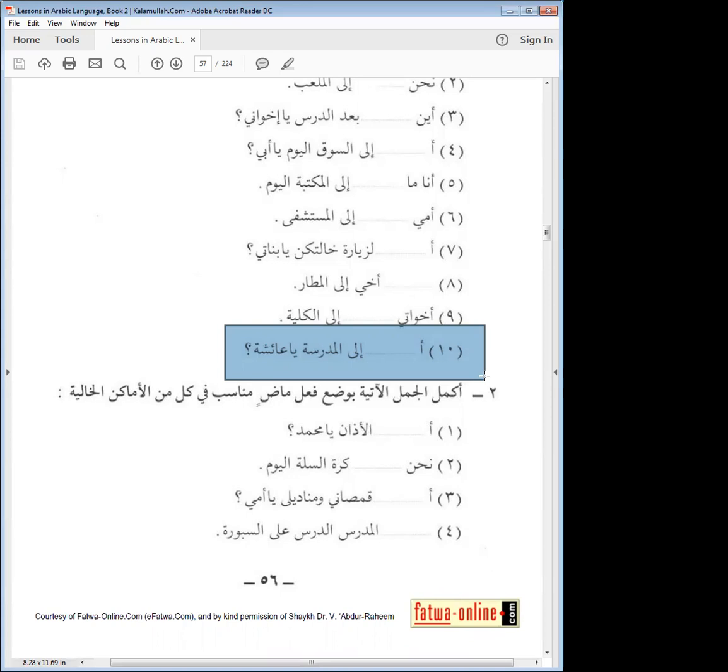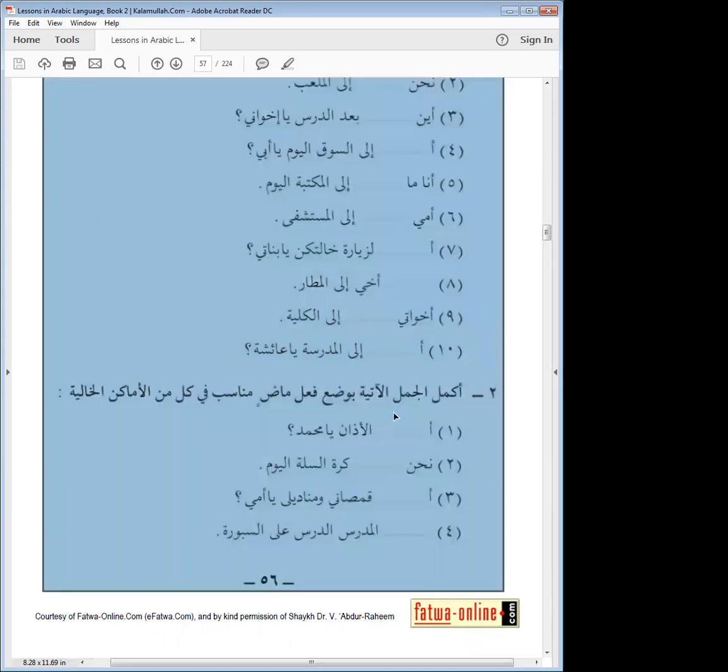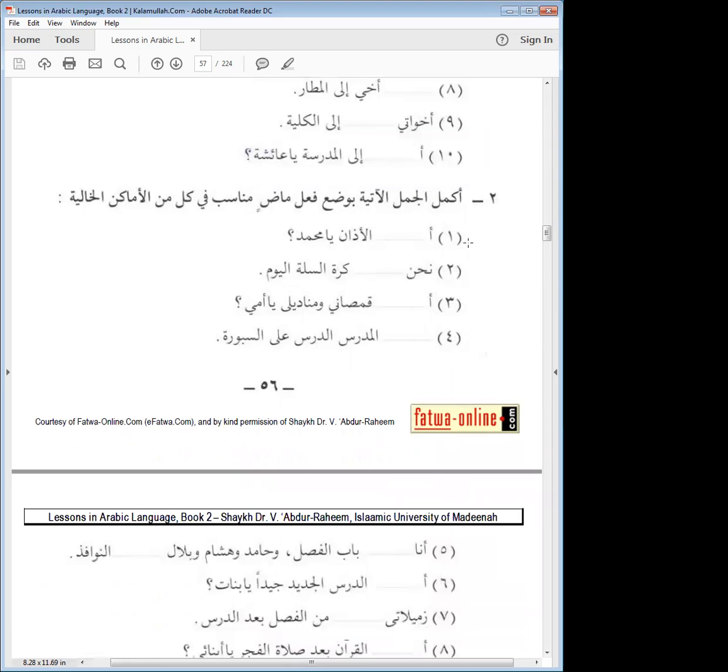So we see how we apply the conjugation of the past tense verb in the different scenarios. Let's look at the next question here. أكمل الجمل الآتية بوضع فعل ماض مناسب في كل من الأماكن الخالية. So the same thing again.